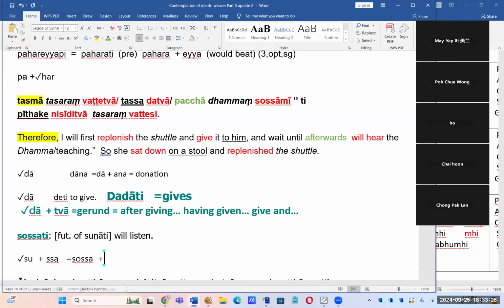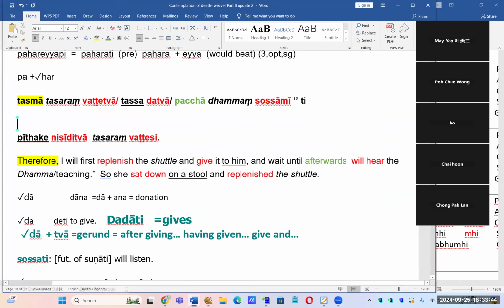And then because it's first person, you get ami. So you get sosami. The ssa represents future tense, so it means will. That's why, because here you can see the main verb, you have verb 1, verb 2, and then verb 3. Verb 3 is the main one. The main word is in the future tense.